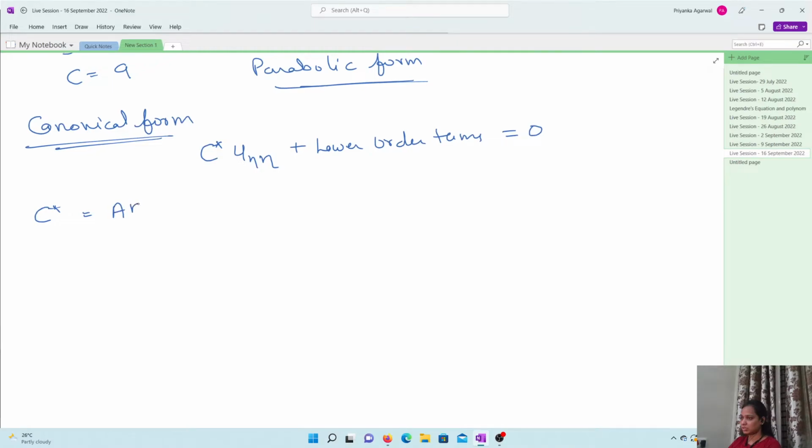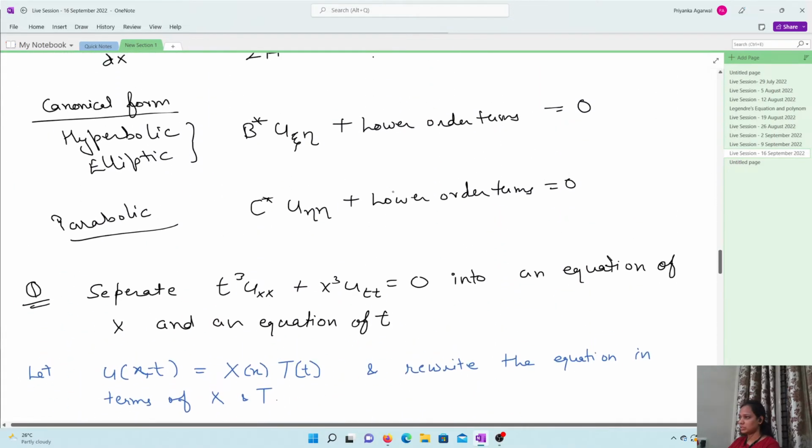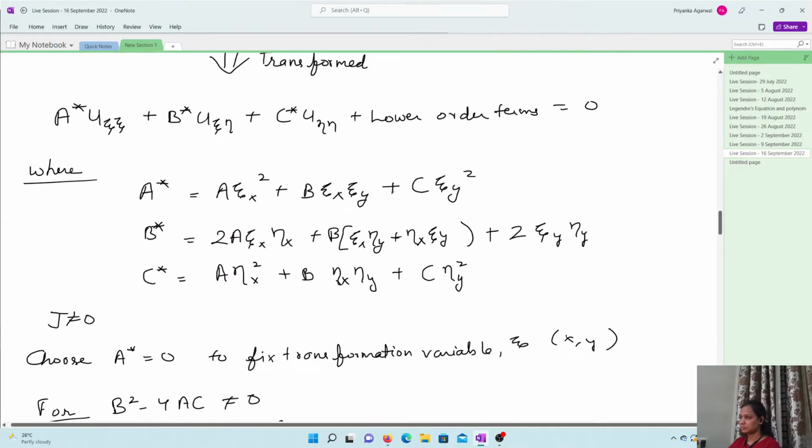A neta_x square plus B neta_x neta_y, and plus C neta_y square. I think I'm right. Let's see. Okay, so this is the form.